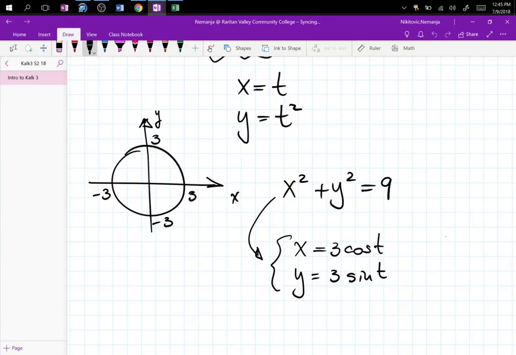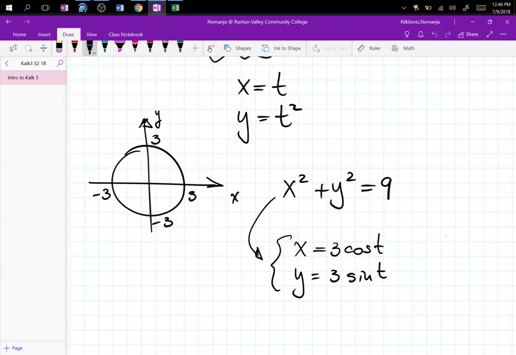Each dimension gets its own equation, and each one of those equations is a function. And that is the huge advantage. Now we don't need implicit differentiation anymore, because what we have are functions, and we can deal with that, right? So parametrization is very powerful.